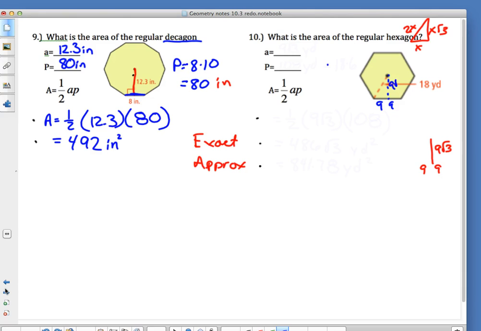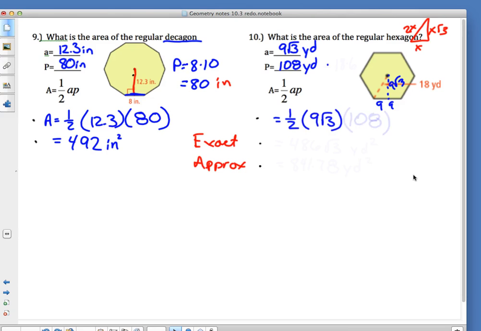Because all I'm doing is working with my 30, 60, 90 triangle. I have to know how to do that physically. So now I know the apothem, it's 9 the square root of 3. I know the perimeter, it's 18 times 6.